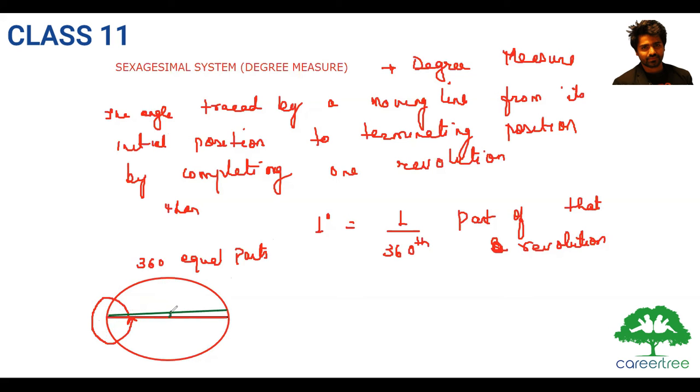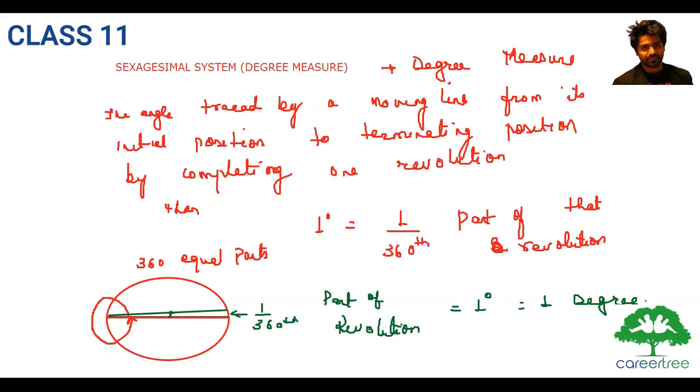If you measure this angle, it is 1 by 360th part of the revolution, and that is called 1 degree. Is this clear?